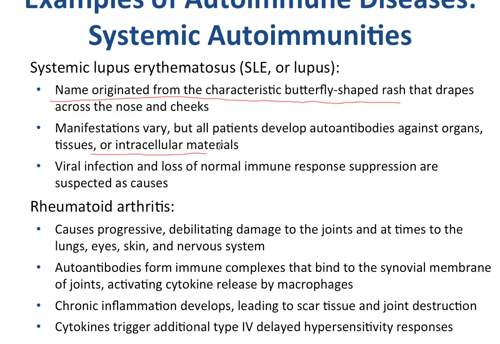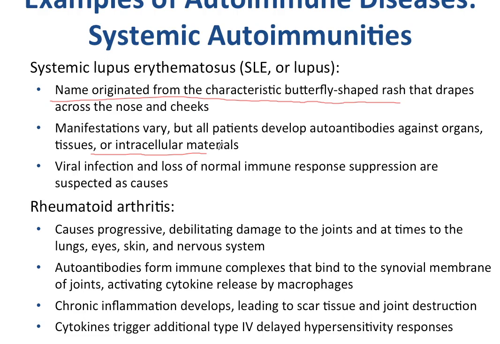Actually, SLE is induced by autoantibodies deposited in the tissues. The real cause is not clear yet.